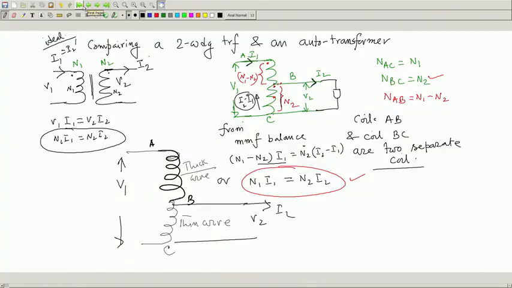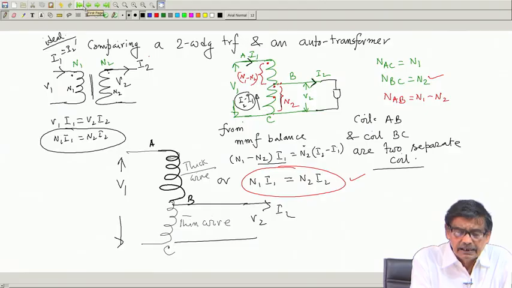We were discussing the autotransformer. Remember in our last class, with the help of an autotransformer, I can change the voltage from one level to some desired level, as we have done with a two winding transformer, and transmit a certain amount of kVA.